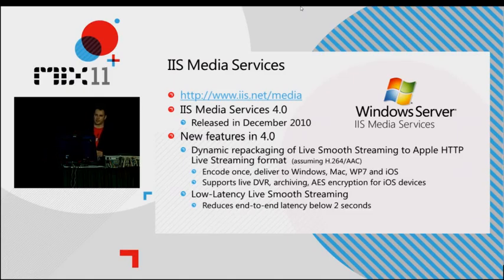So by simply remuxing, repackaging the video and the audio payload, we can actually go from smooth streaming to Apple HTTP Live Streaming without having to re-encode the streams. So encode once and then deliver to either a Silverlight client or to a Windows Phone client or to an iOS client. We support features such as live DVR.